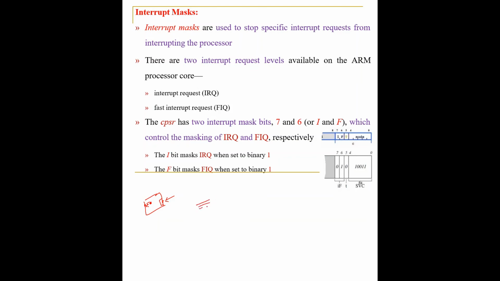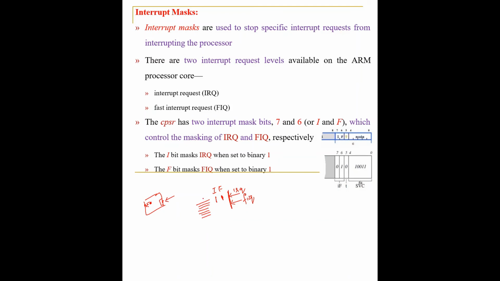The processor is executing a program, and an interrupt request and a fast interrupt request come in. You have made the I bit and F bit equal to 1 and 1. Because of that, these interrupt requests are not sent inside at all. They are masked. He is knocking and calling you, you do not want to hear him, so you have closed your ears. Similarly, the processor can do the same by setting the interrupt bit and fast interrupt bit to 1.